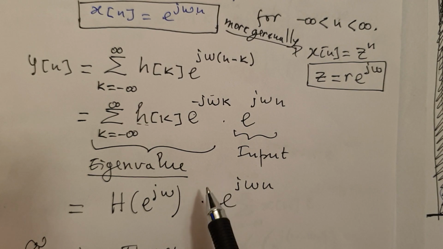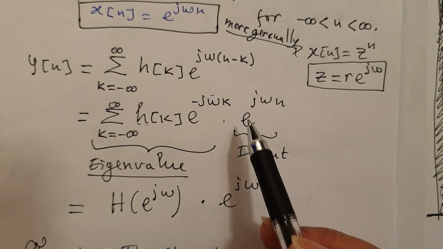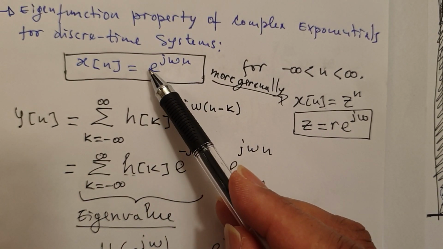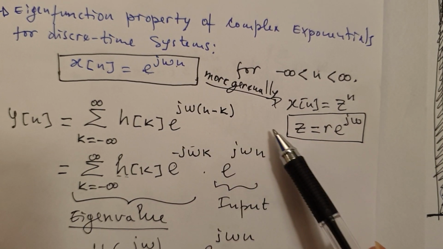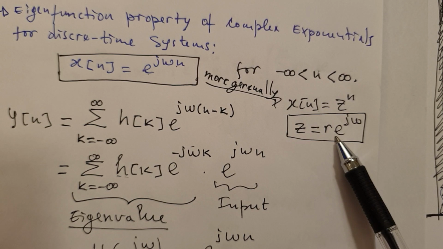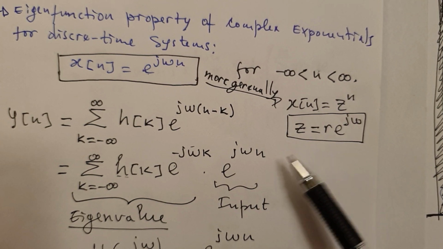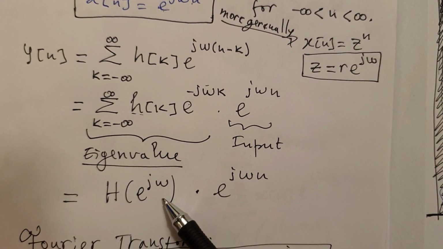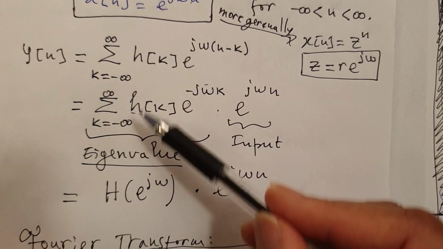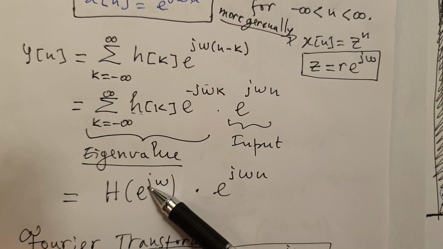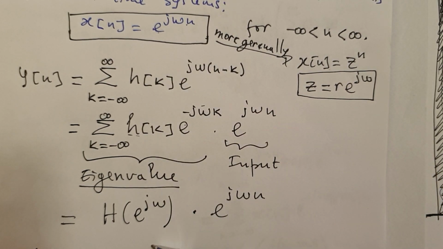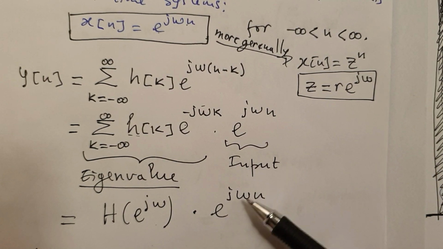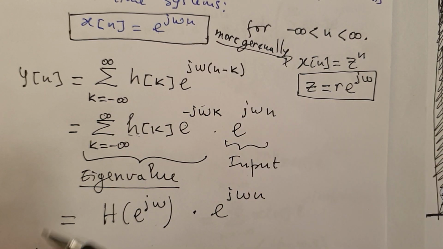When you have exercises that give you an input like a complex exponential, where r is equal to 1, but more generally r can be anything, then you can just multiply by the Fourier transform. So this is the input that we see here.